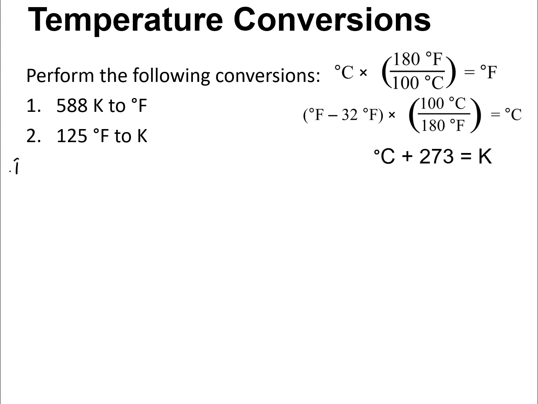For question 1, we're going from Kelvin to Fahrenheit. But we can't just jump straight there. We've got to go from Kelvin to degrees Celsius first. To do that, we'll take 588 Kelvin and subtract 273. That gives us 315 degrees Celsius.